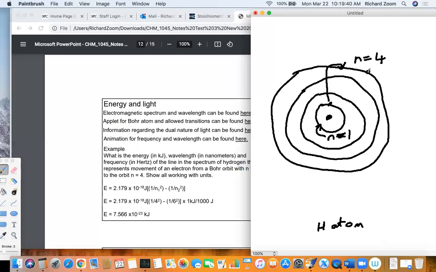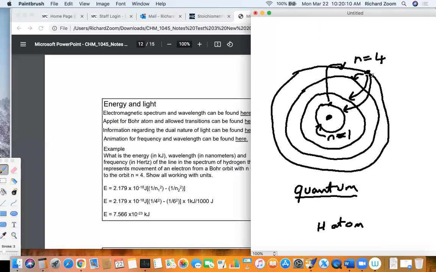Then what can happen is that this electron can fall back to any of these other energy levels. But the trick is, and this is why it's called quantum, the trick is that the electron can't stop in between the energy levels.